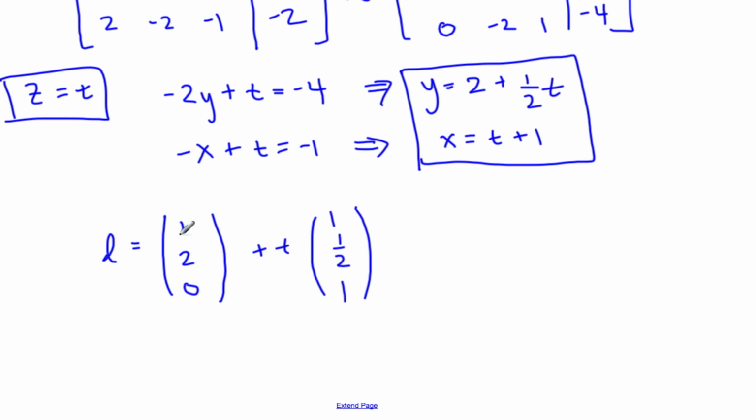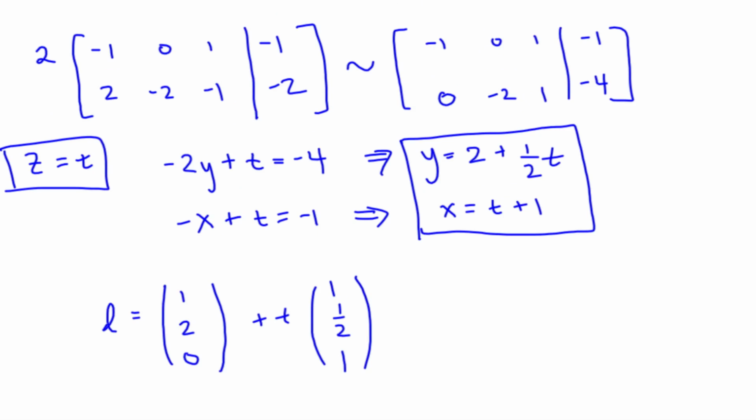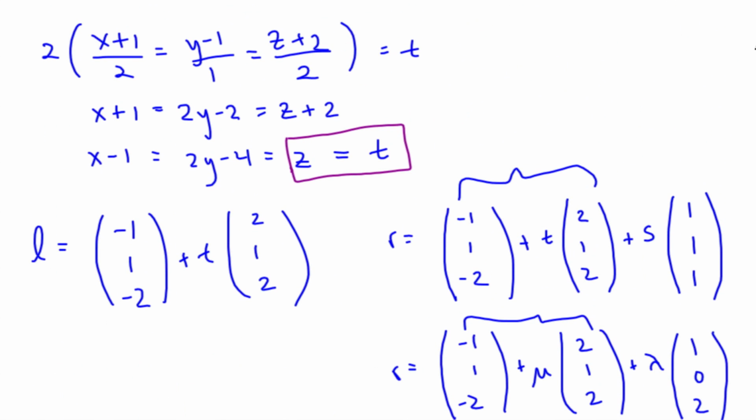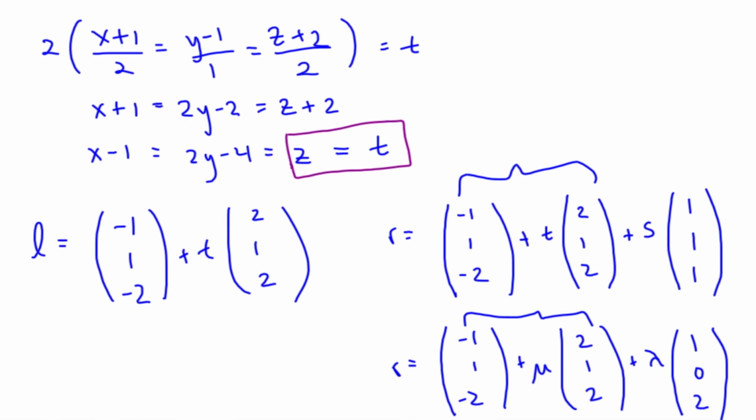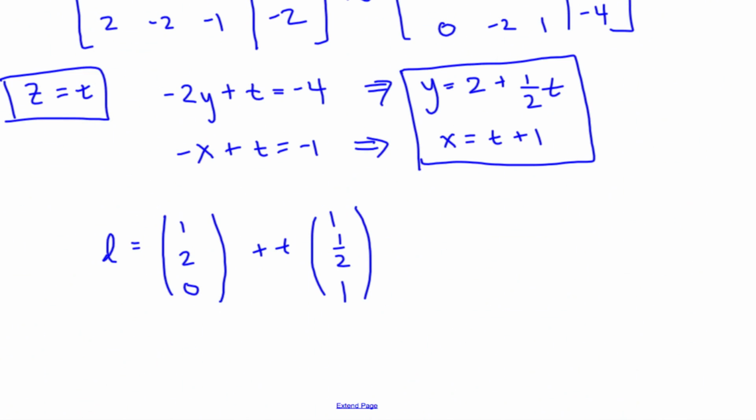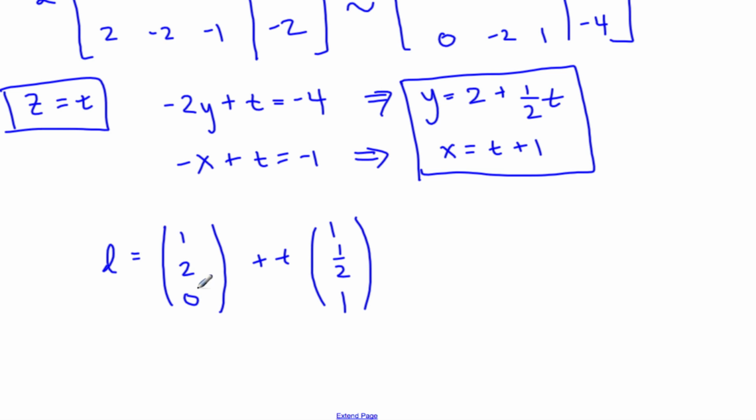The question is, is this line the same as the one we started with? Well, you can see right away 2, 1, 2. That's the direction of our original. 1, 1/2, 1. That should be the exact same thing. It's just going half the speed. And then 1, 2, 0.